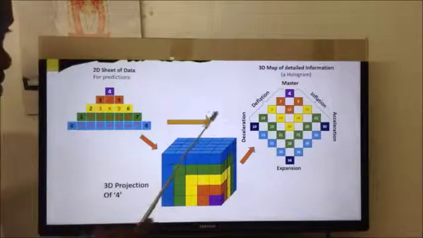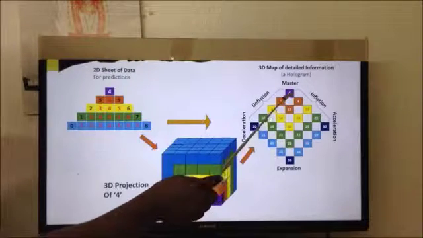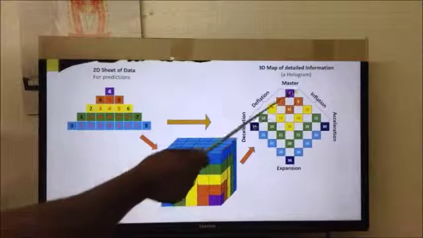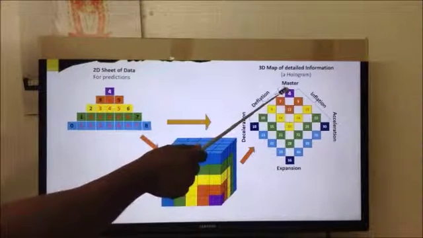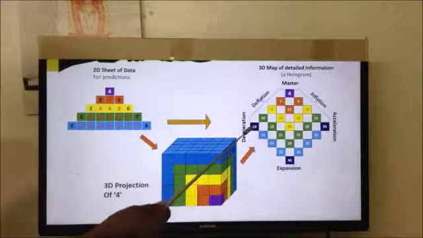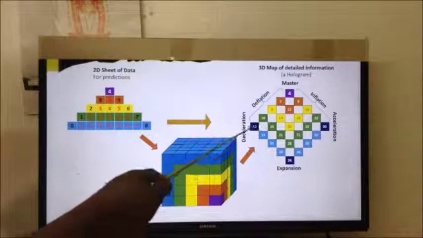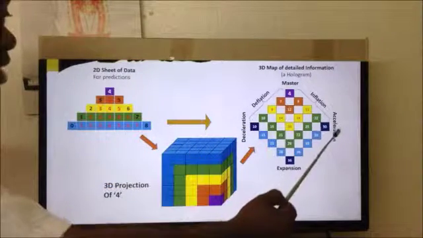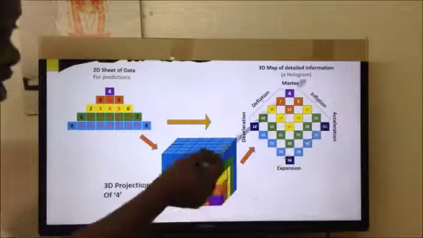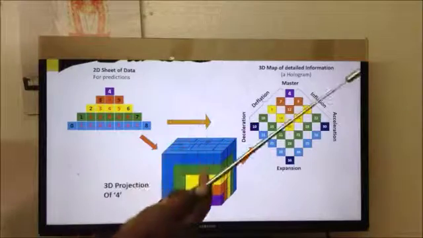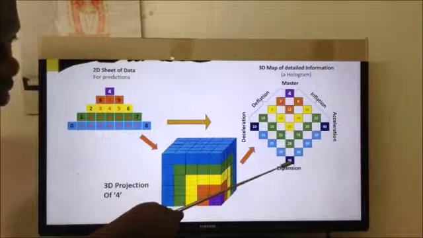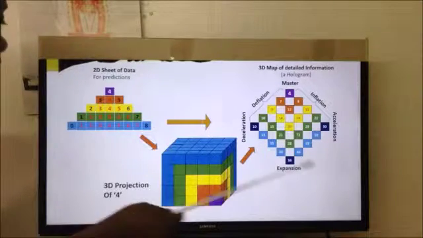As you see, here is the master itself. So if you do the projection, the number you get here is the master itself. Then at the other corner here on the left is the deceleration, which has a formula. On the other side, it will be the acceleration of number 4. That 30 is the acceleration of number 4. There's a formula for that. And the number you get at the corner here below is the expansion.